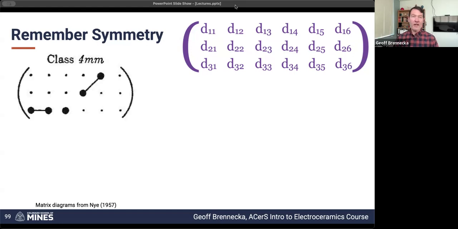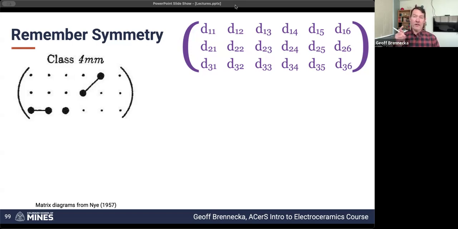However, because we know from Neumann's principle that the symmetry of the unit cell is reflected in the symmetry of the properties, that means that if we have a unit cell that has any symmetry at all, if we have rotational symmetry, if we have mirror symmetry, if we have any sort of rotation around a point, then that simplifies this matrix.